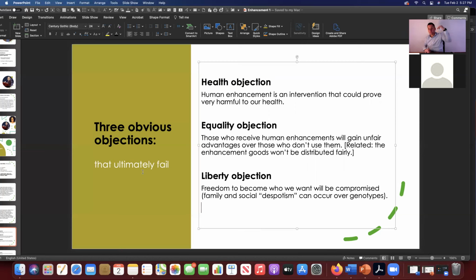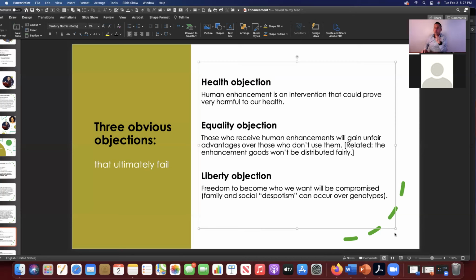He'll ensure that these objections fail, but that doesn't mean that there aren't objections that can be developed against using human enhancement for the self-improvement goals already discussed.